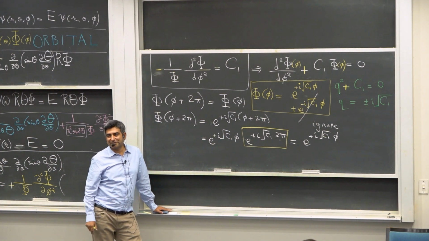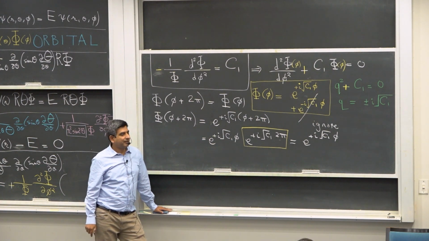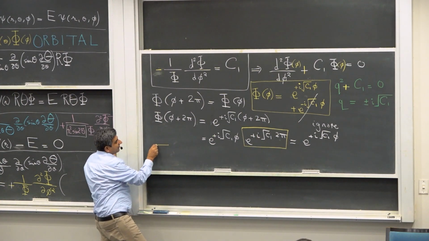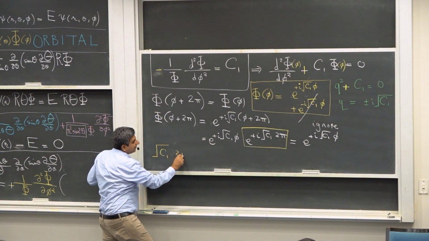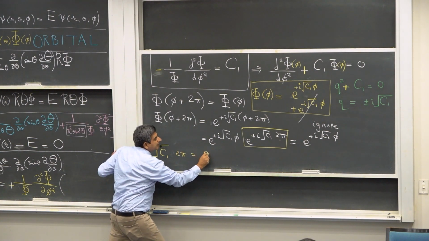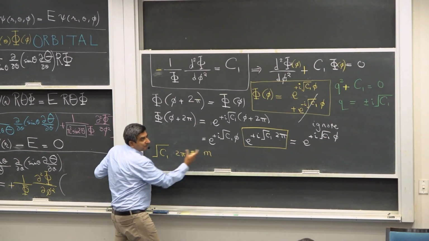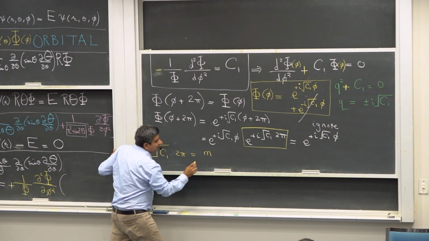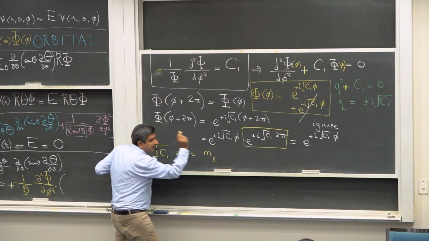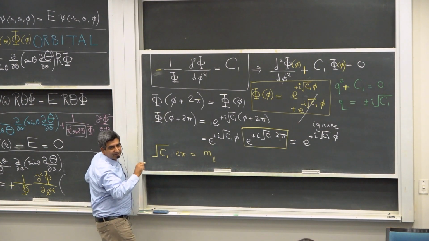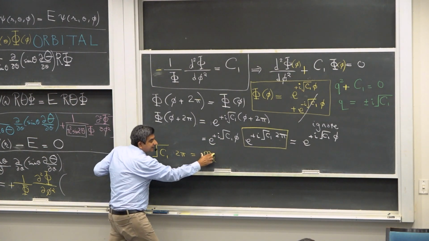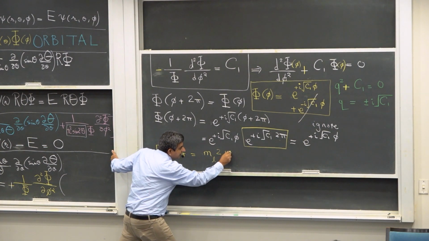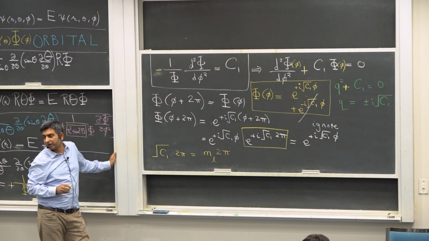Any multiple of 2 pi works. And so therefore this exponent over here, C1 2 pi, is some multiple. Now I'm going to use a variable m, which is not to be confused with the mass of the electron. So let me put this variable with a small l for reasons that will become apparent later. So this is an integer ml.